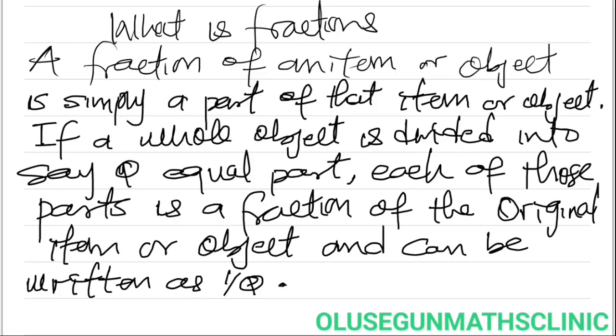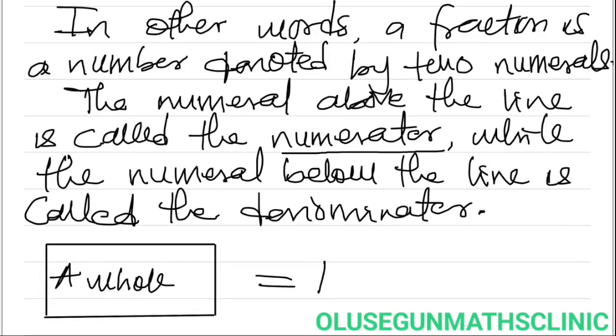So let's proceed. In other words, a fraction is a number denoted by two numerals. The numeral above the line is called the numerator, while the numeral below the line is called the denominator.